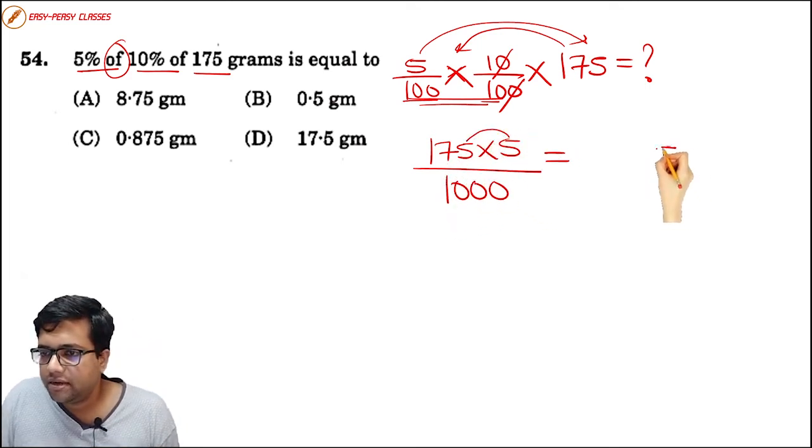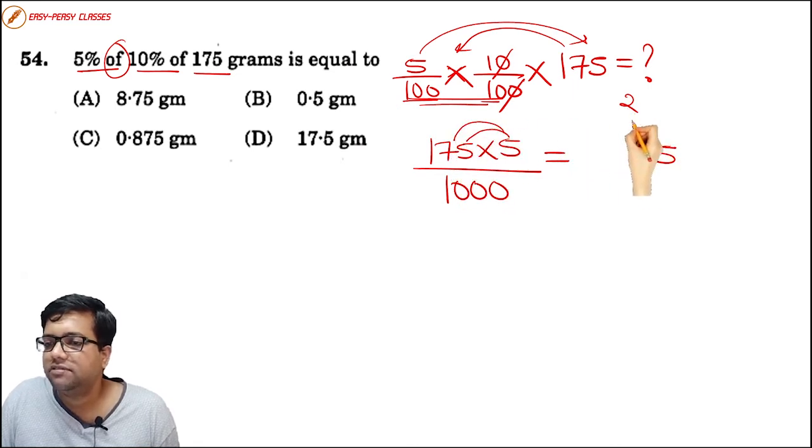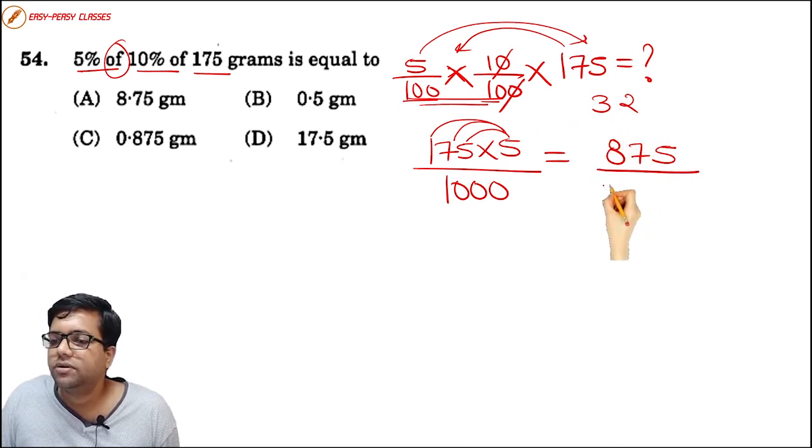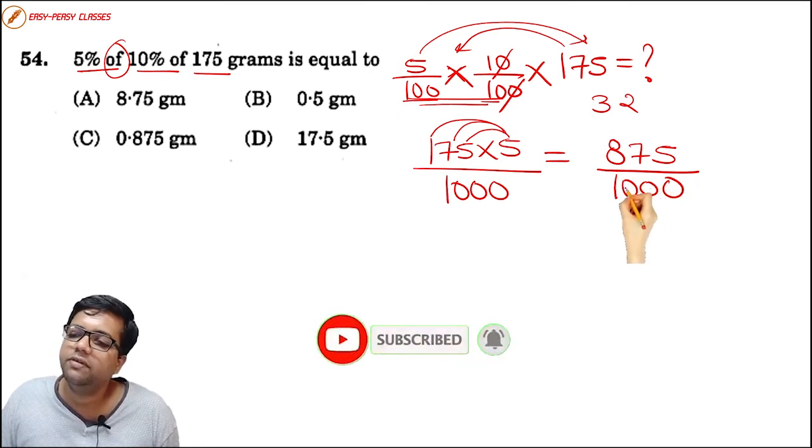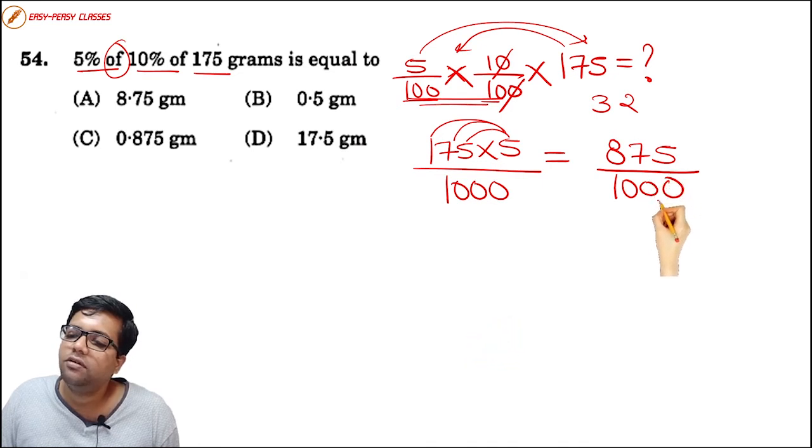5 5s are 25. Carry over 2. 5 7s are 35. 35 plus 2 is 37. 3 carry over. 5 1s are 5. 5 plus 3 is 8. So 875 by 1000. When you divide by 1000, how many zeros are there in 1000? 3 zeros are there.